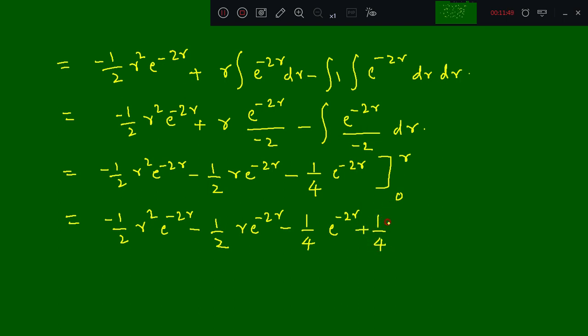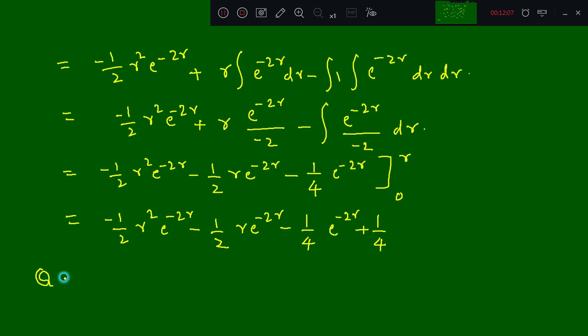This 1 by 4 is due to, if I substitute 0, this becomes what? E raised to 0 is 1, then minus of minus becomes plus, so it is plus 1 by 4.